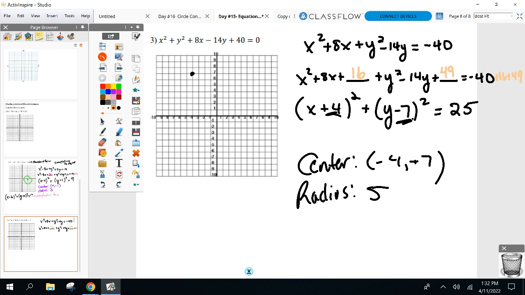I got 1, 2, 3, 4, 5. And I'm not going to be able to get 5 above, so I'll just do my best. Looks good. So there's completing the square.